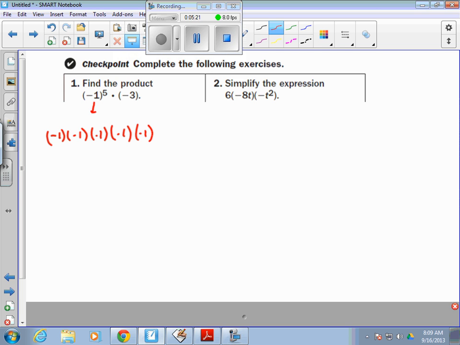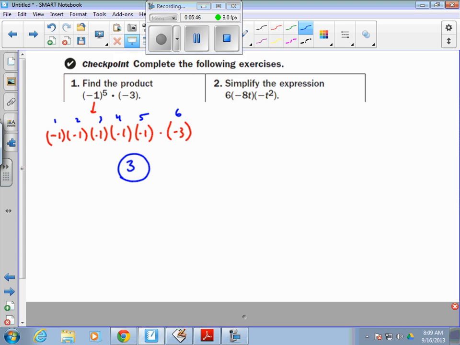And then it's multiplying times negative 3. So if you count how many negative ones you have, we know that this is 5 of them because we wrote 5 of them. And then this makes 6. That is an even amount. 1 times itself, it doesn't matter how many times you do it, it's still going to be 1. And 1 times 3 is going to be a positive 3. Since it's an even amount, it's going to be a positive value 3.